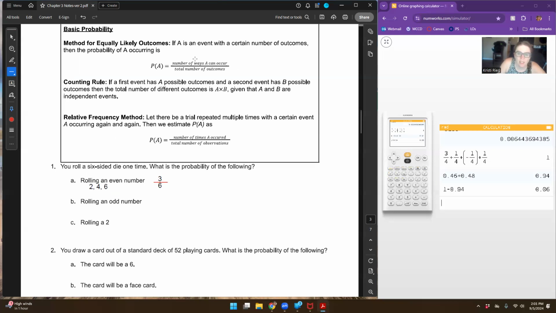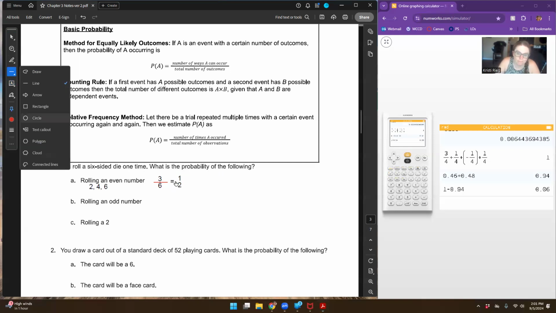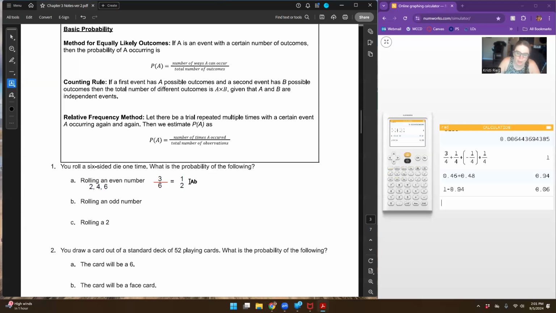They're telling us the total number of ways we get it over the total number of outcomes. And then, of course, we always want to reduce. So we have that equals, and if you don't know it, put it in your calculator, but that equals 1/2.